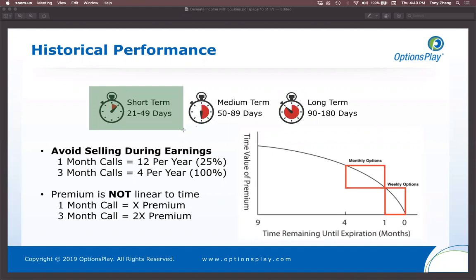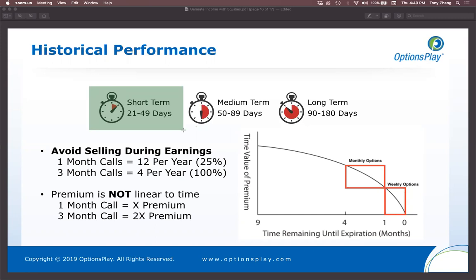If you choose to sell a 3-month call, you get more income for it, but because you can only do that 4 times a year, every single call that you sell has a large uncertainty factor built into it. One way to avoid that is to sell shorter dated calls, which gives you a lot more flexibility as to when you want to sell, so you get coverage most of the year and avoid when earnings are coming up.